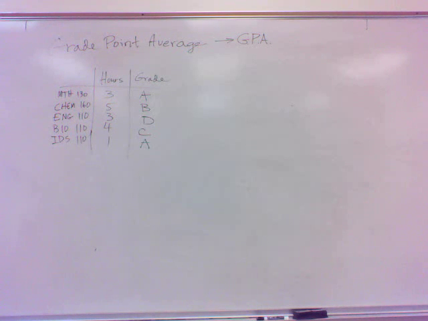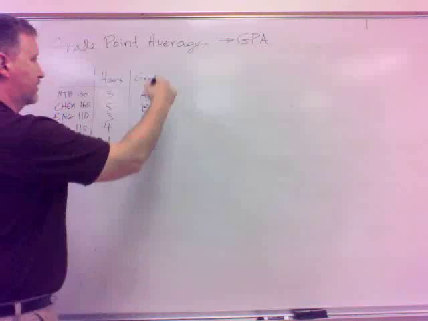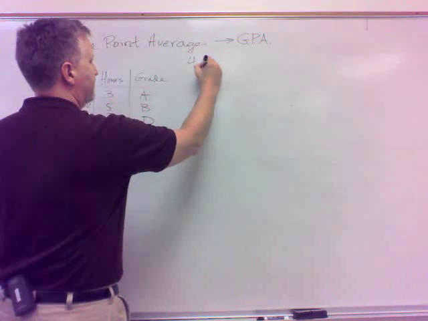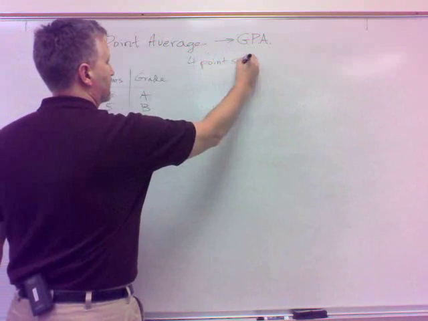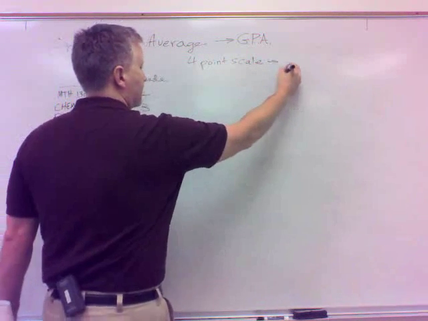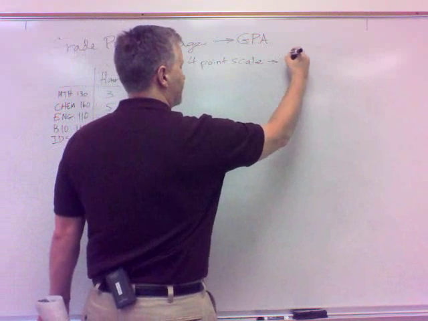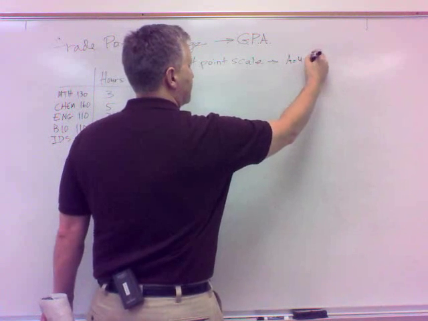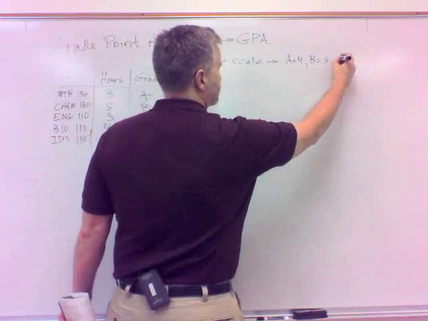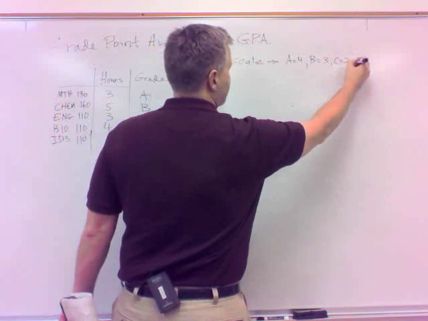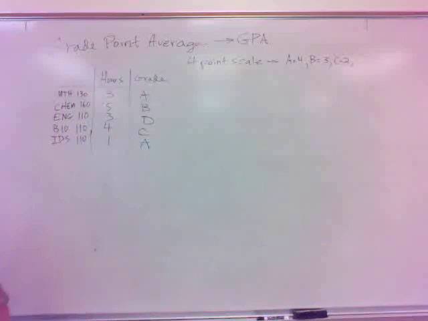Most places nowadays, grades-wise, we're talking the 4-point scale, meaning the top value you could get is 4 for an A. A is 4, B is 3, C is 2, D is 1, F is 0.